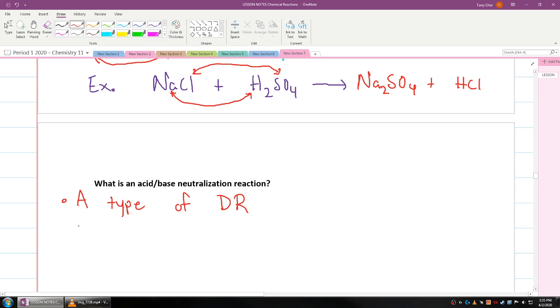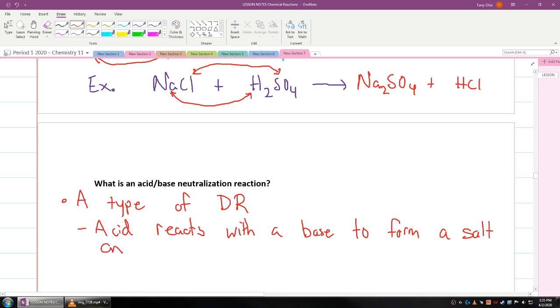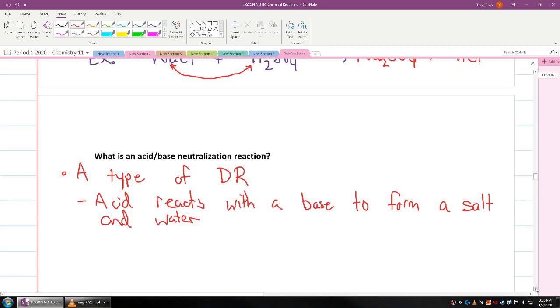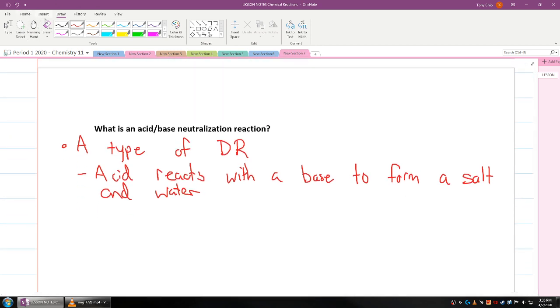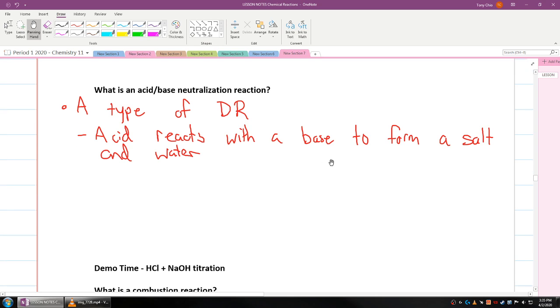What this means is you're going to have an acid react with a base to form a salt and water. Now, you might remember that acids are chemicals that usually have hydrogen at the start of their name, and bases are usually chemicals that have OH at the end of their name.